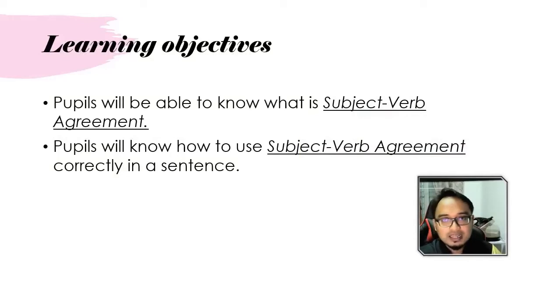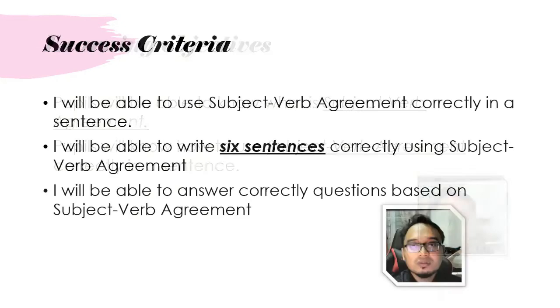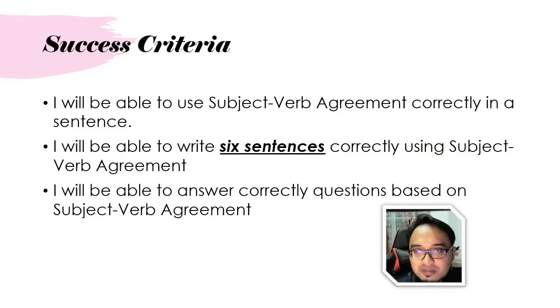Right, before we start, this is the learning objective for today. Pupils will be able to know what is subject-verb agreement. Second, pupils will know how to use subject-verb agreement correctly in a sentence. That is our objective for today. Our success criteria: I will be able to use subject-verb agreement correctly in a sentence.